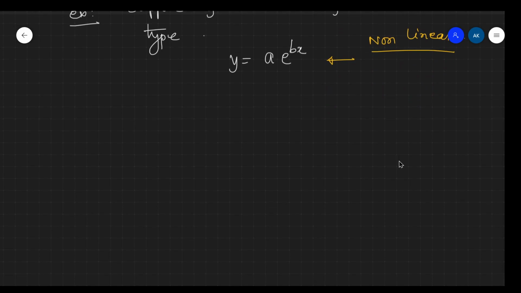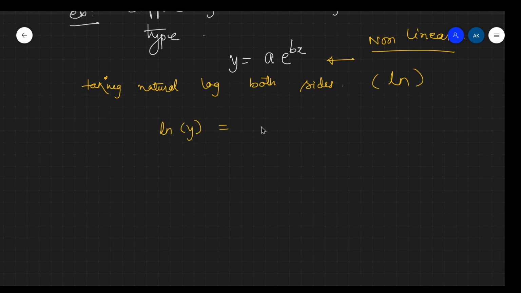What I will do in this is take ln, taking natural log both sides, which is by the way called ln. So it will become ln y is equal to ln a plus bx.